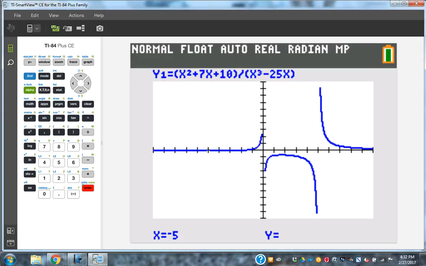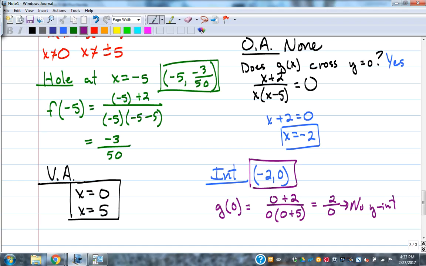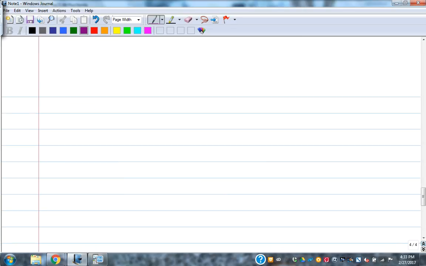We know the y value that should be there because we worked it out. But it doesn't give me one there because that is a hole in the graph. It's an empty circle there. So it doesn't give me an ordered pair for that. So that's how you can check to make sure you got the correct x value for the hole in the graph. Yeah. So not too complicated here. Just maybe lengthy would be the best way to describe it.